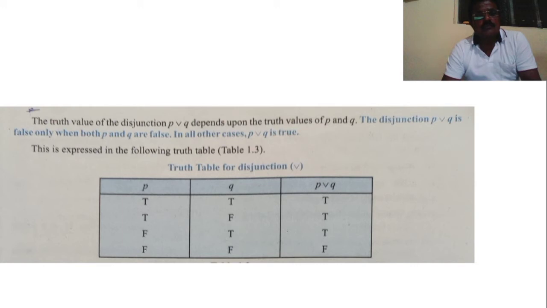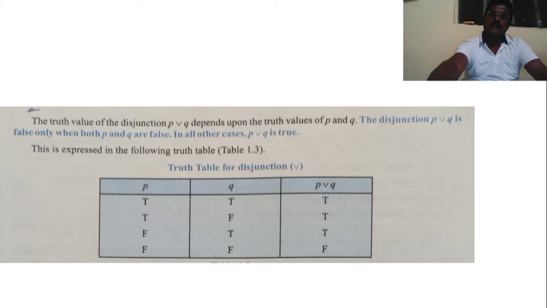In conjunction, the truth value of the conjunction P and Q depends upon the truth values of P and Q. Similarly, the truth value of the disjunction P or Q depends upon the truth values of P and Q.